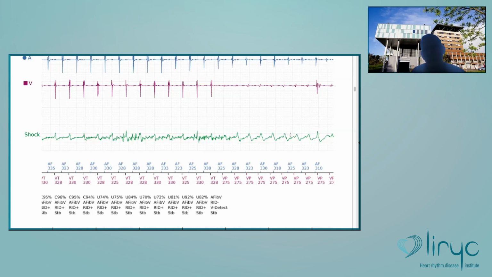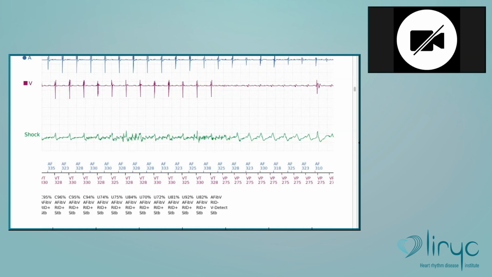But if you have a problem with the morphology like here, with sinus tachycardia or atrial tachycardia, the ventricular rate most of the time is stable, and then the patient will be treated. Okay? It's clear?